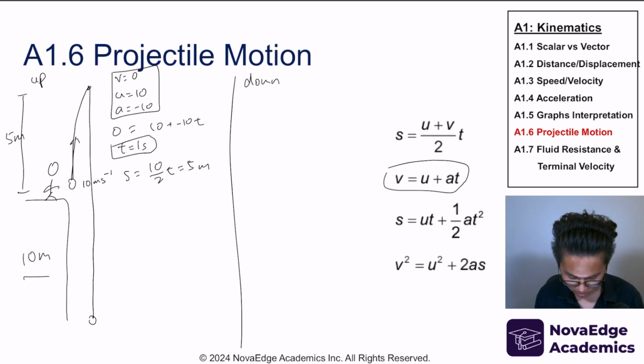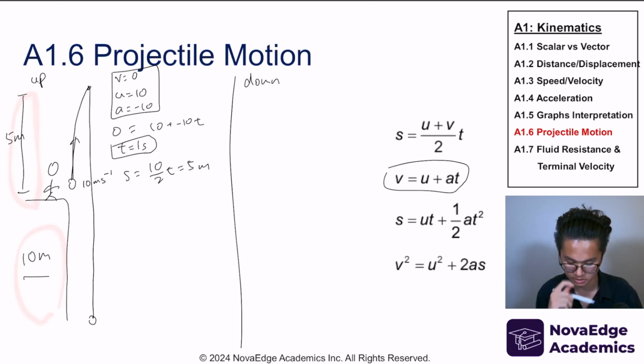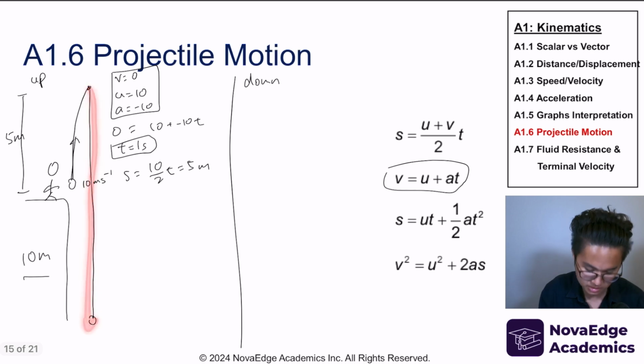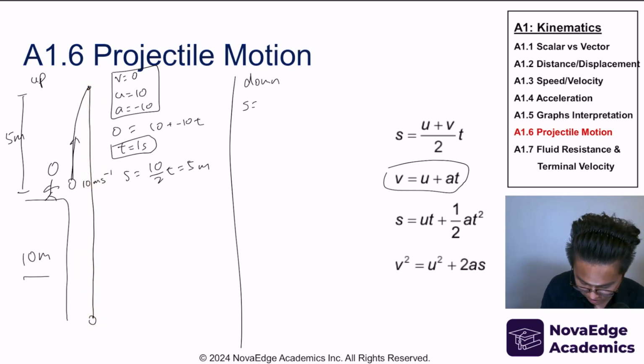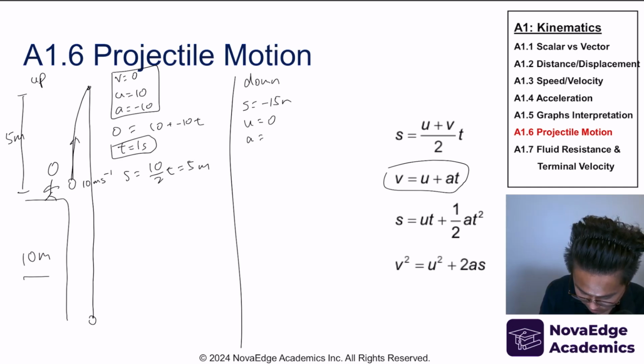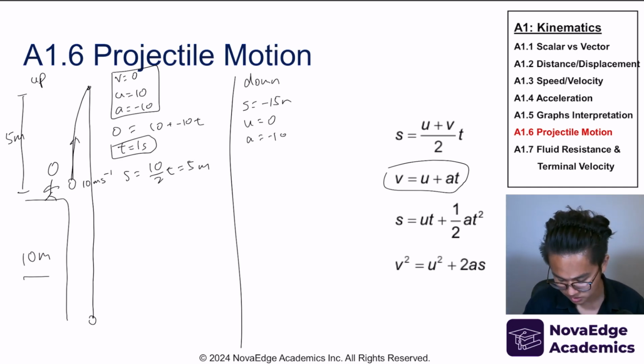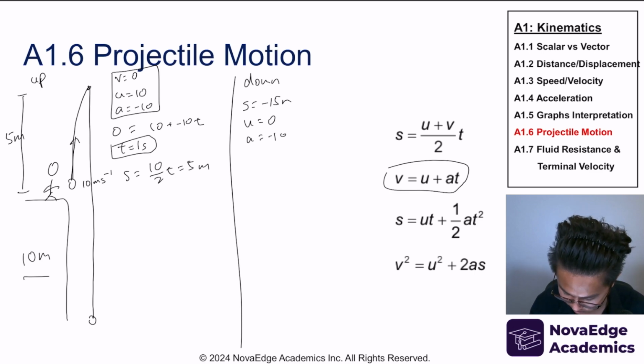Okay, let's do bottom. When we come down, I have to combine 5 meters and 10 meters because the displacement coming down is 15 meters. So s is actually negative 15 meters, u is 0, and a is negative 10. Okay, so let's use this information and we can find v squared.